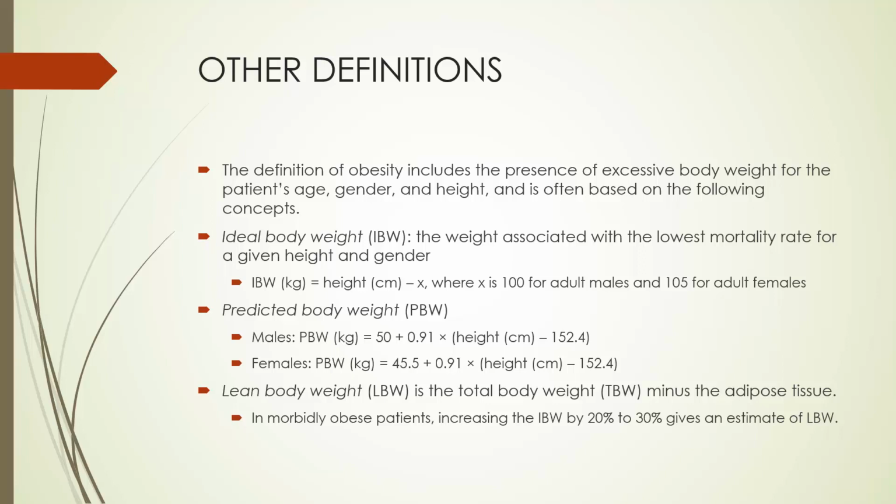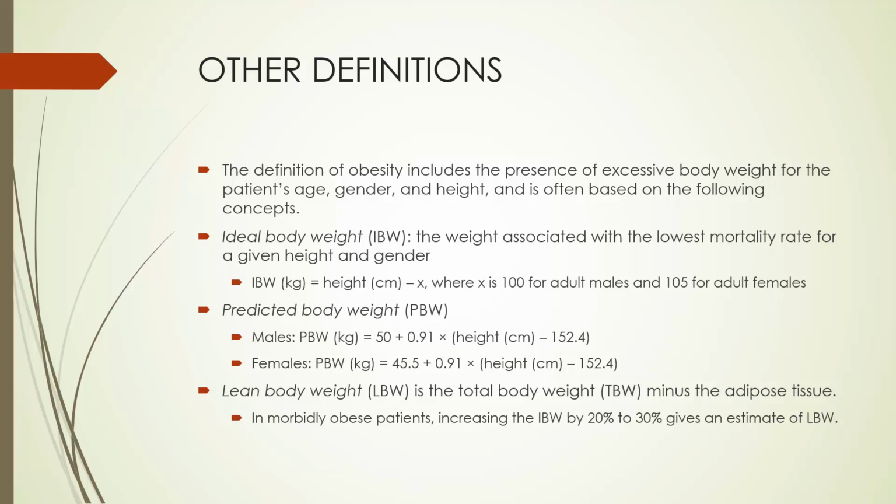Lean body weight is the total body weight minus the adipose tissue. It's the combination of body cell mass, extracellular water, and non-fat connective tissue. It approximates about 80 to 75% of total body weight for males and females.